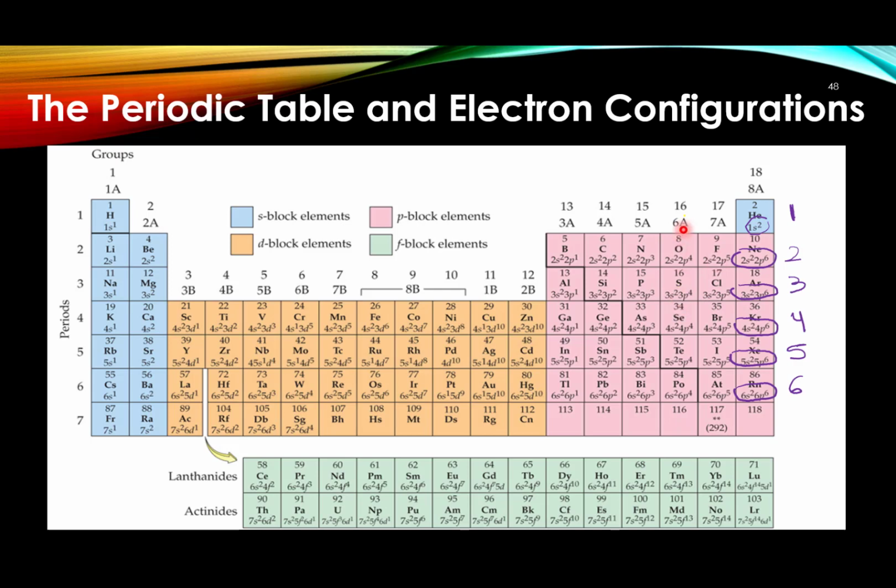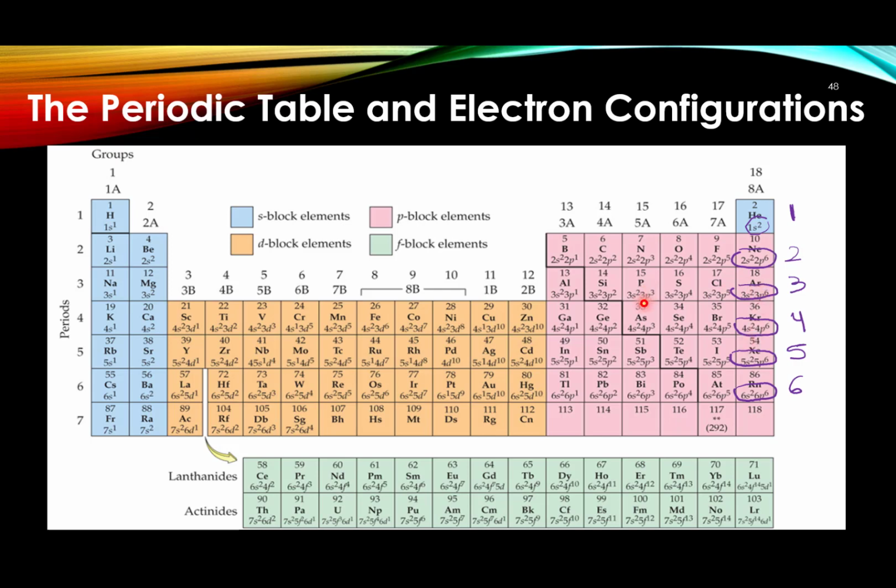That's why the charge on all the nonmetals in group 6 is -2, in group 7 is -1. You have to look and see how many electrons they want to lose or gain to have the characteristics of the noble gas. For metals, it's the noble gas that's coming before them, and for nonmetals, it's the noble gas that comes after them.